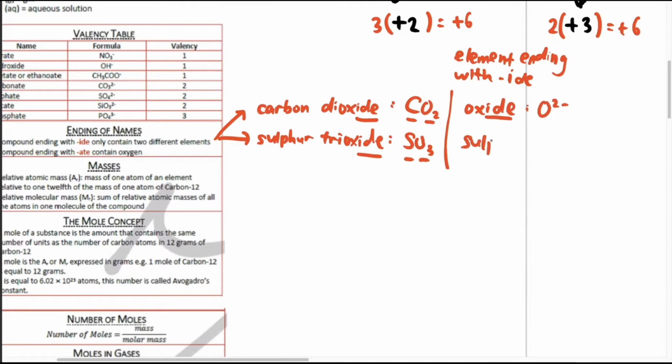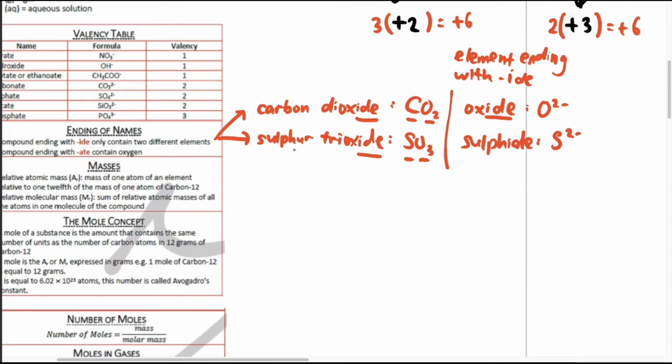Sulfide, S2 minus. So you realize it is a different idea. Elements ending with IDE are negatively charged ions. But compounds ending with IDE have 2 different elements that form the compound.